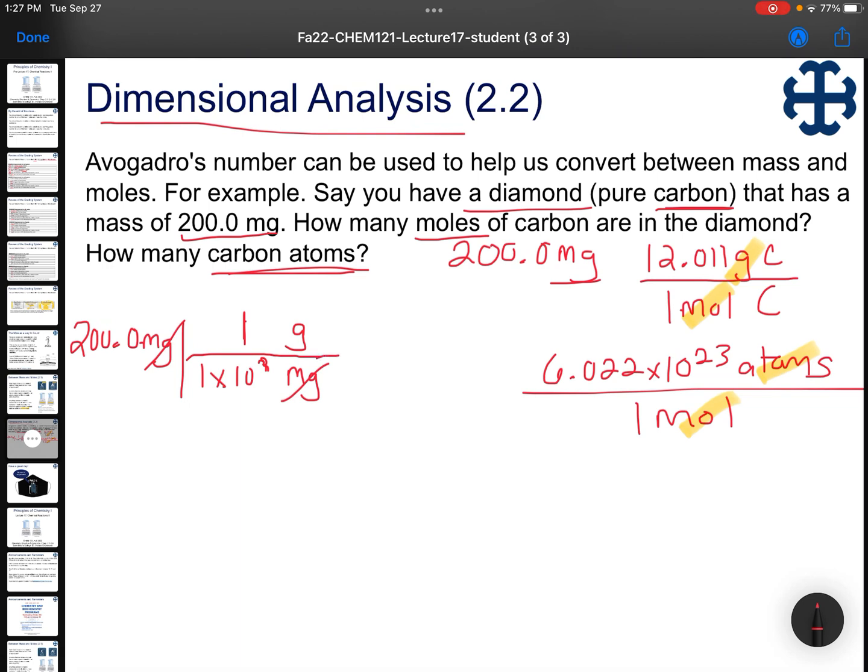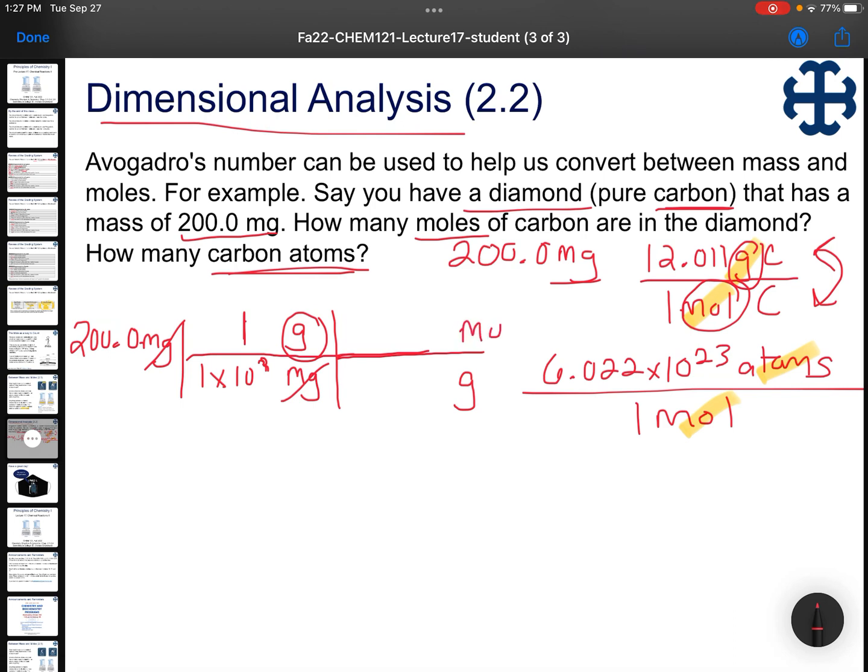Now we can use our conversion factor that brings in grams and convert it to moles. And so before I do anything else, I'm going to just cancel my units and set up my units. So if I'm in grams to start, I want grams on the bottom so that they eventually cancel, which means that I'm going to invert this conversion factor, this fraction. And so I put grams on the bottom.